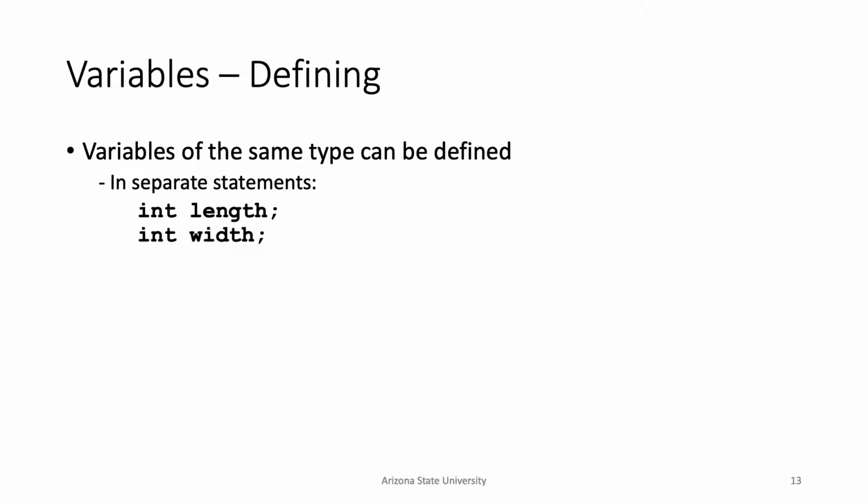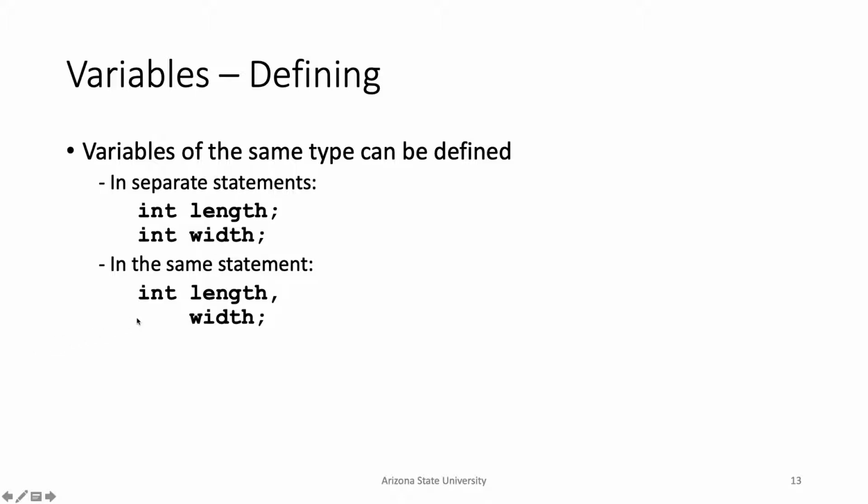You can have multiple variables of the same type, whatever that is. So I can have two ints right here, one called length, one called width. That's totally fine. Or I can declare them in the same statement if I wanted to, using a comma in between them. Note, I don't have to say int again here, because the convention is that if you say int on the front, then every other variable you define in the same statement also is an int.